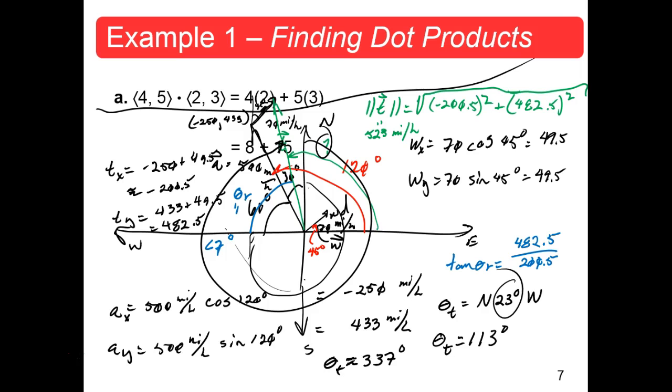Or, what they said from the beginning, the airplane travels with a bearing of, and the bearing is from true north, that'd be 337 degrees. So just 23 degrees short of due north. So you just have to identify what you're measuring from. All those are correct answers if you say how you're getting them. Okay.